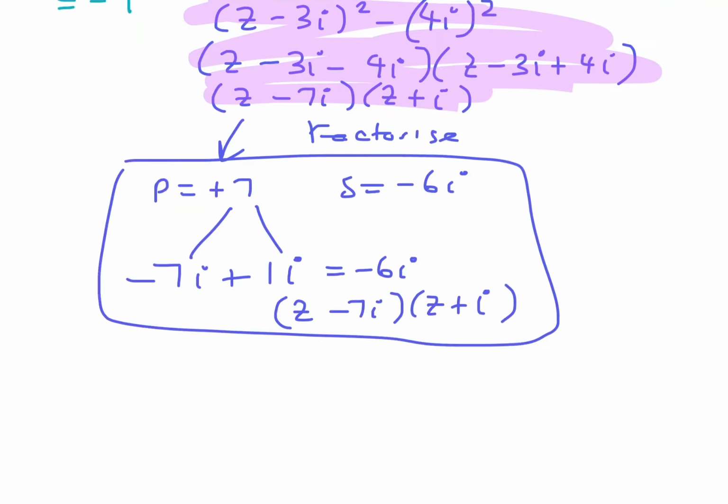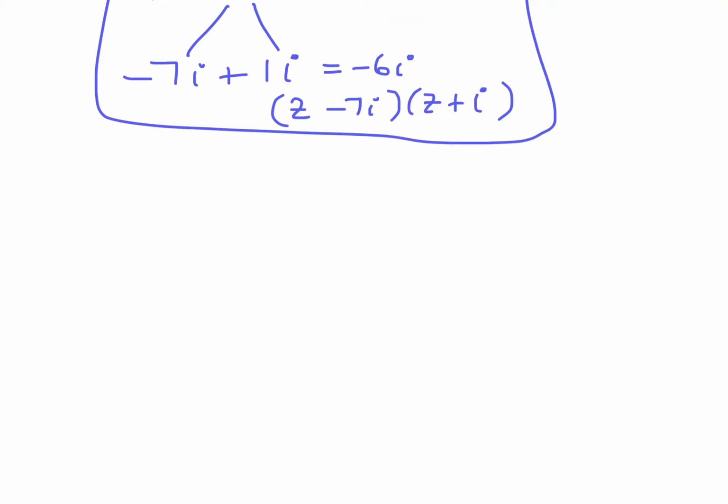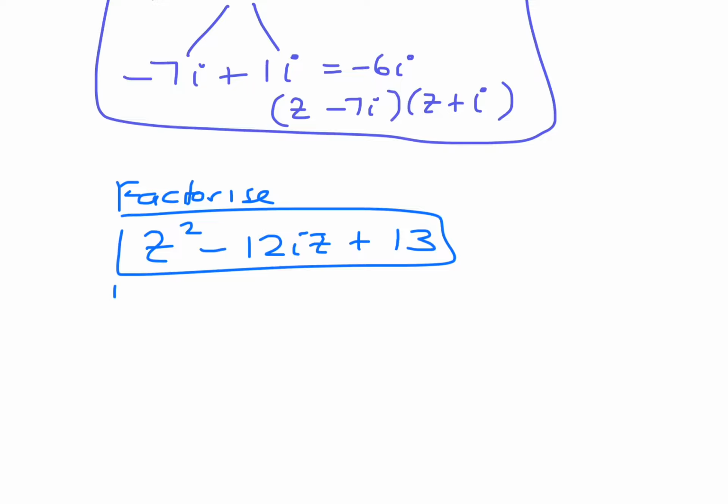Okay. All right, so let's just look at one more example. So let's factorise z squared minus 12iz, and we'll go plus 13. Okay, so first of all, let's just use the completing the square method.